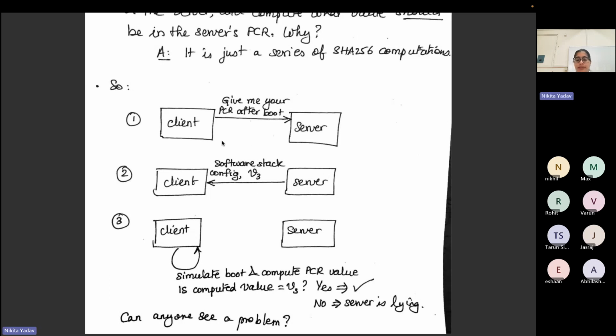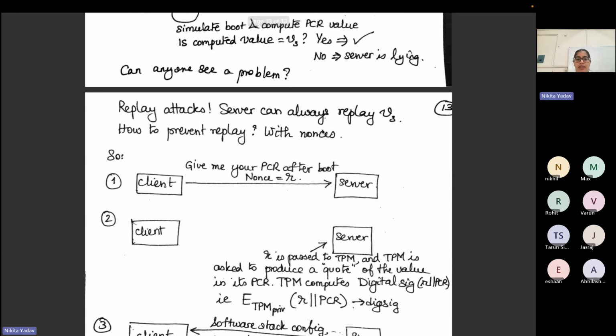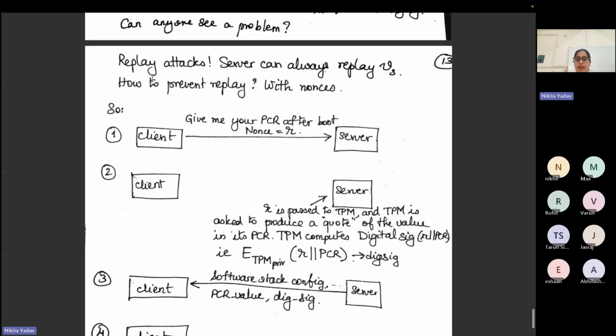So the problem here is that the server is not providing any guarantee to the client that this value was generated right now in response to the client request. So how do we prevent replay attacks in general?